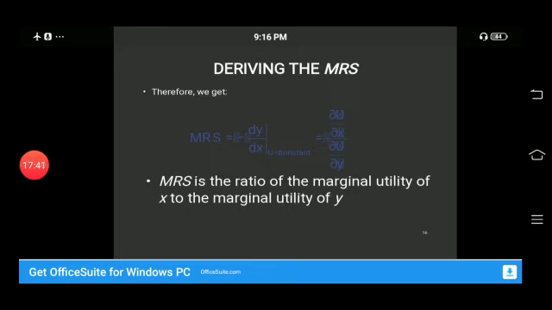So the marginal rate of substitution is the ratio of the marginal utility of x to the marginal utility of y. What it says is that the marginal rate of substitution is the ratio of the marginal utility of x to the marginal utility of y.